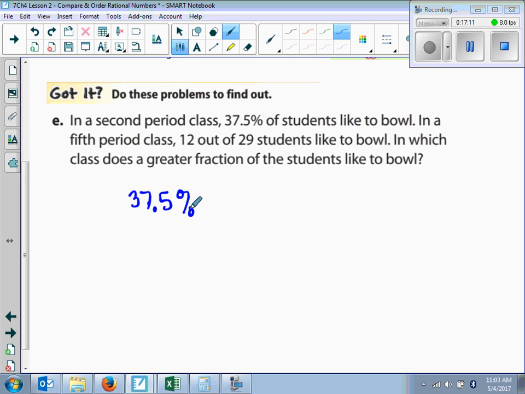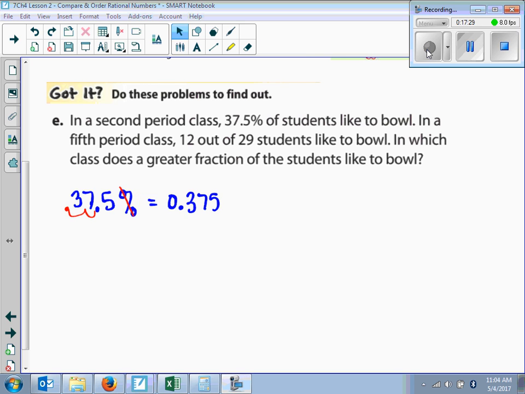And to change that to a decimal, we're going to take the decimal and move it 2 places to the left and take away the percent sign. So this is going to be 0.375.